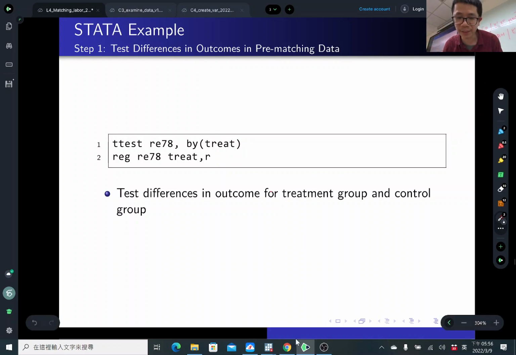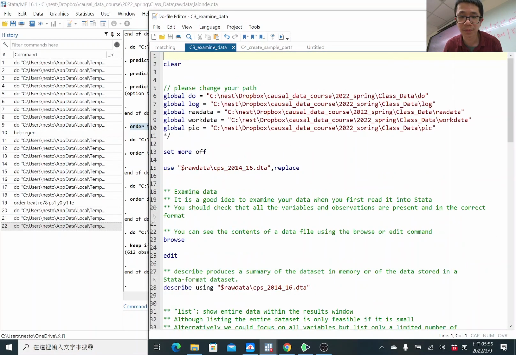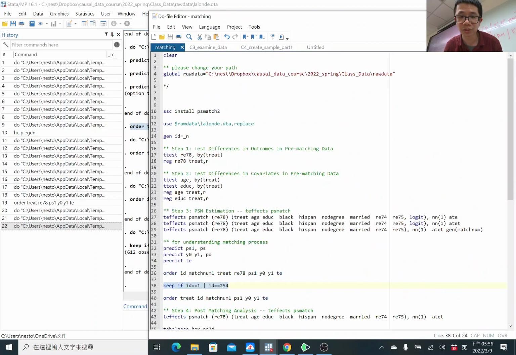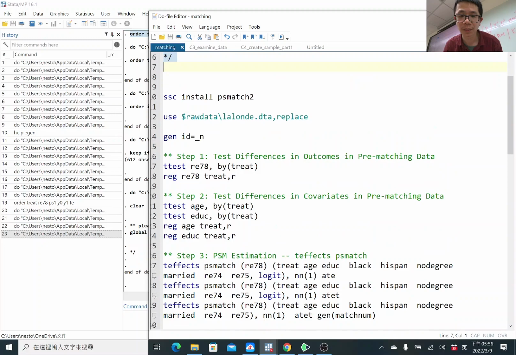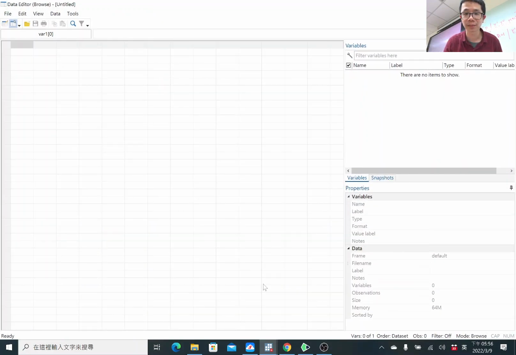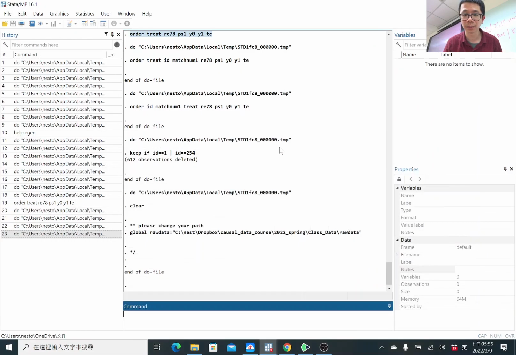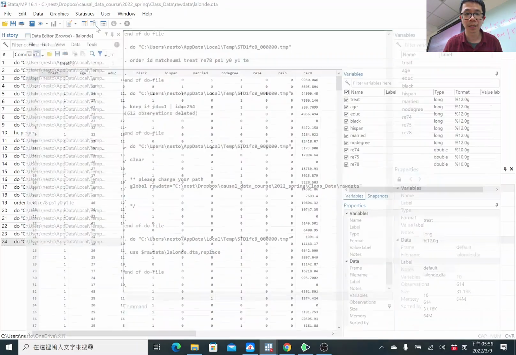So you can open the do file, the matching one, and the first thing is to test the difference. Maybe I open the data set first.